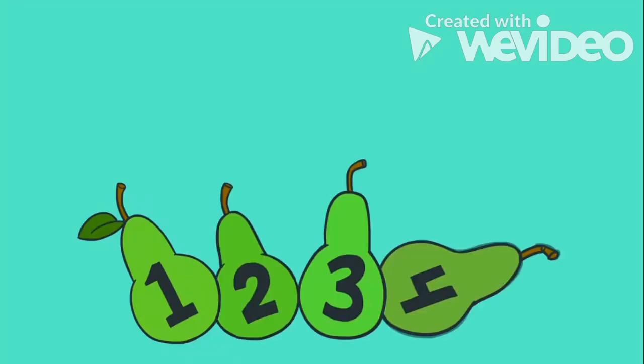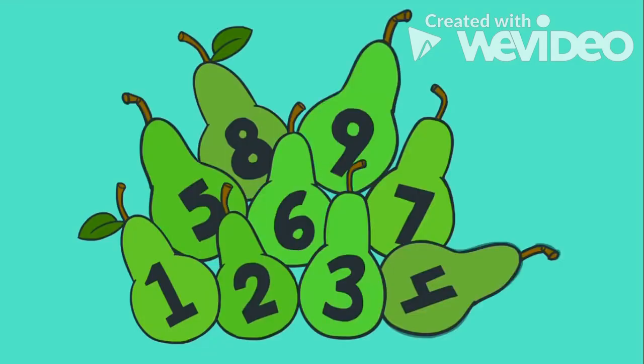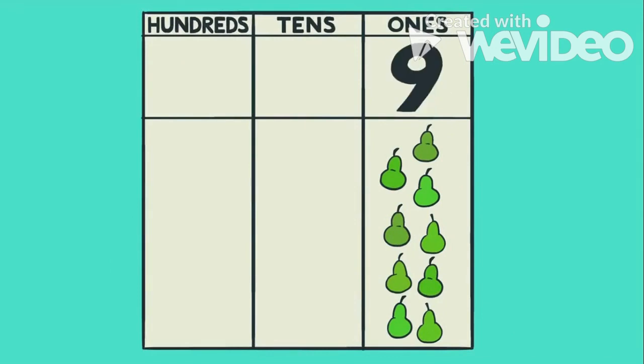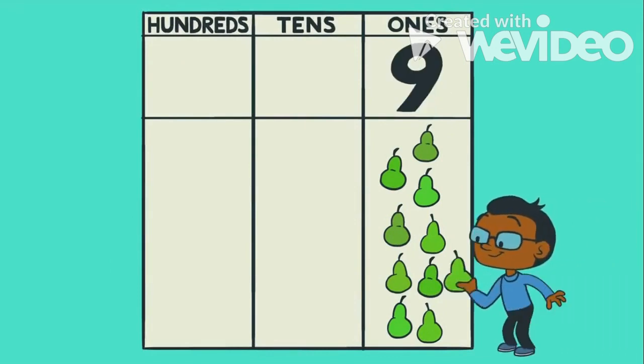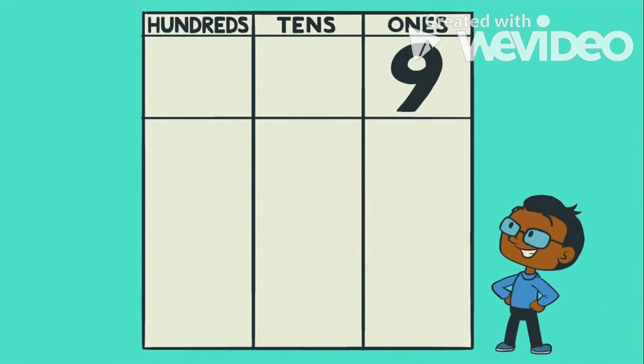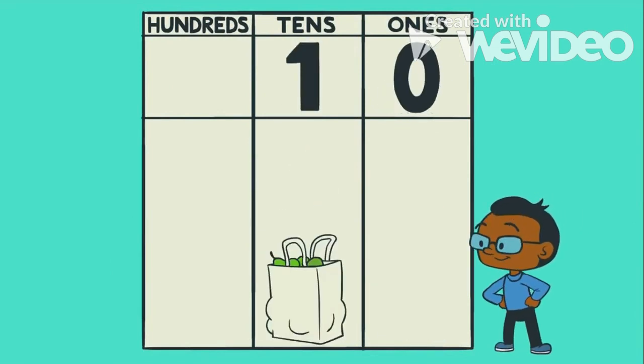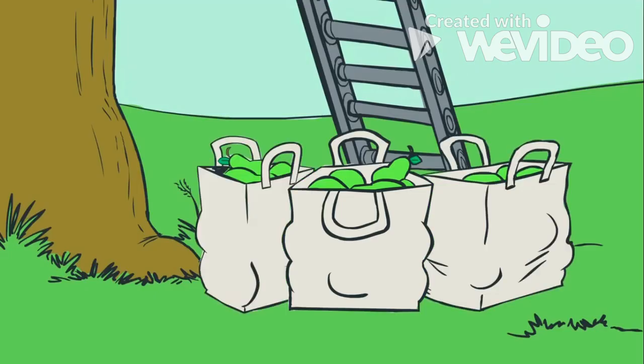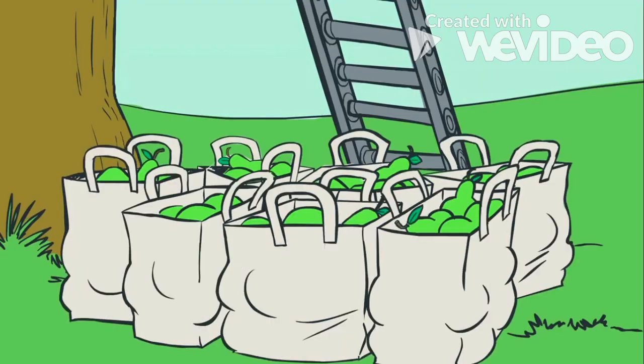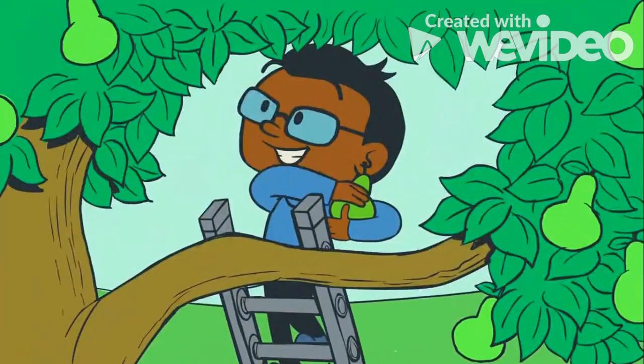I got 1, 2, 3, 4, 5, 6, 7, 8, 9. That's all that fit inside the ones place value line. So I picked another pair and made a group of 10 to fit into a bag perfectly even. 20, 30, 40, 50, 60, 70, 80, 90. I had to keep picking pairs of hunger I had to feed.